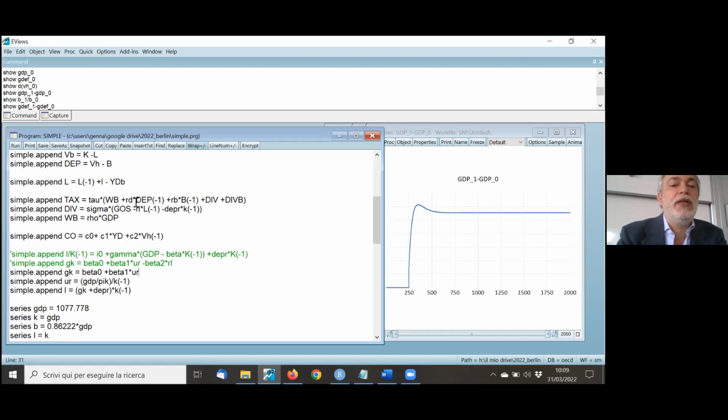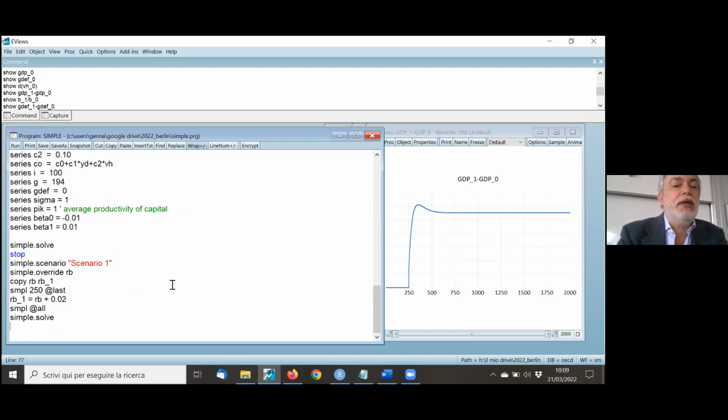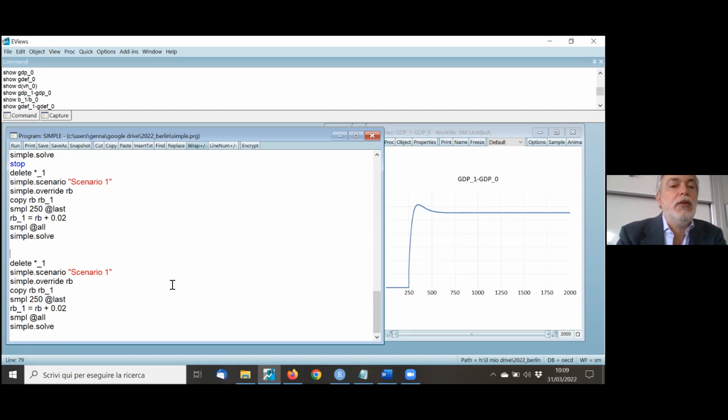let's see what happens if we shock the autonomous component of demand, which should change the utilization rate. So I'll just change the variables to shock.